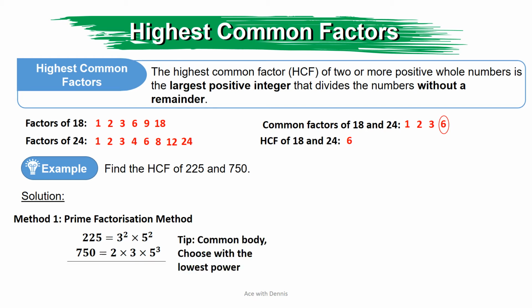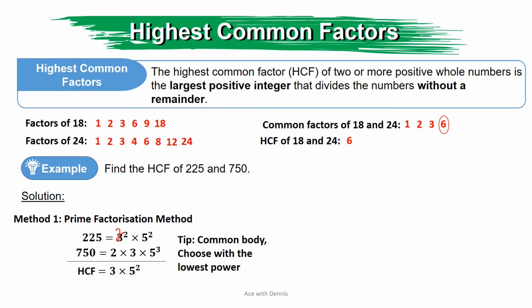Now, to write down the HCF of these two numbers, if they have a common base, we choose the one with the lowest power. So the HCF of 225 and 750 is 3 times 5 squared. Notice that only 3 and 5 are the common bases, while 2 is not common.